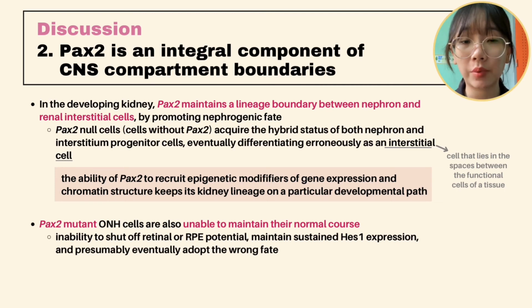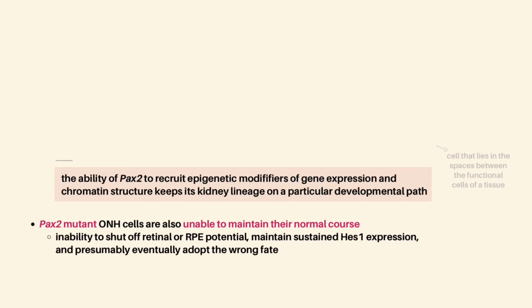The ability of PAX2 to recruit epigenetic modifiers of gene expression and chromatin structure keeps its kidney lineage on a particular developmental path. And in PAX2 mutants, ONH cells are also unable to maintain their normal course, and eventually they adopt the wrong fate.